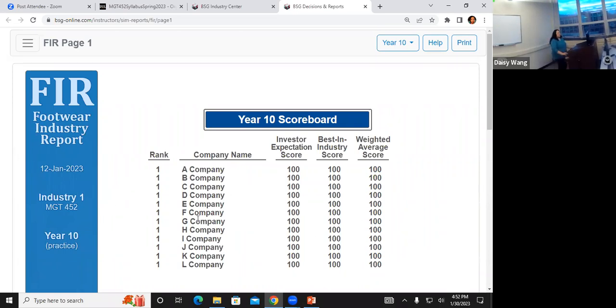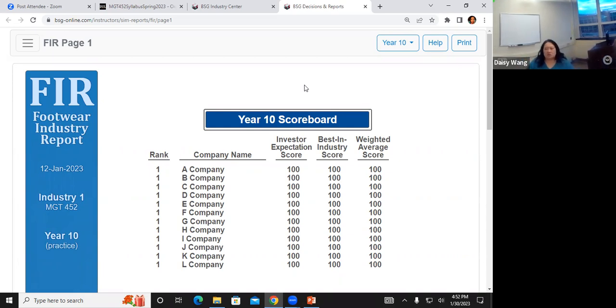So this gives you the ranking, okay? And then you have the investors' expectation score. That's something you did. It doesn't show the result, but something you did that shows a good sign. Like, what is this company? Meta. A few months ago, Meta's stock price dropped a lot because their COO left and they have a lot of issues.